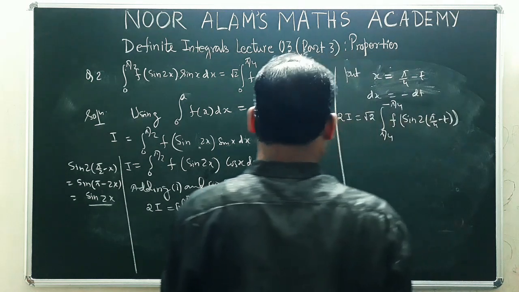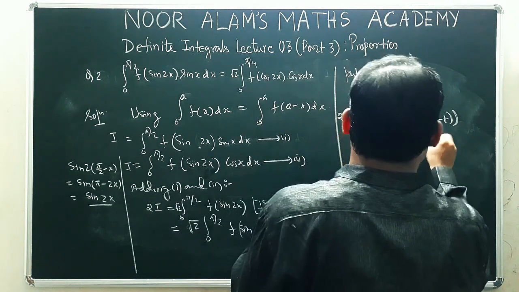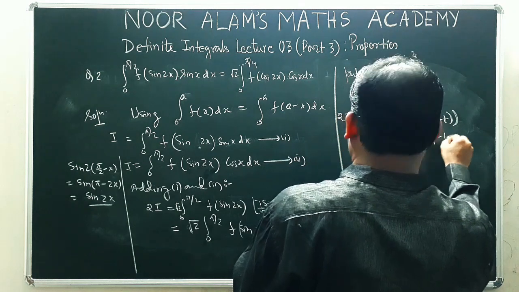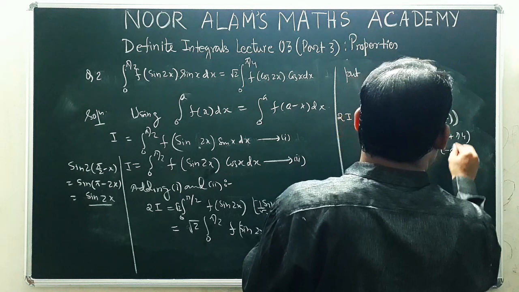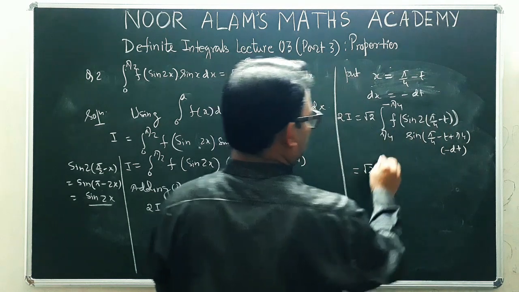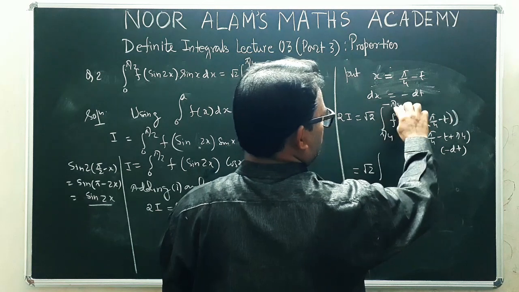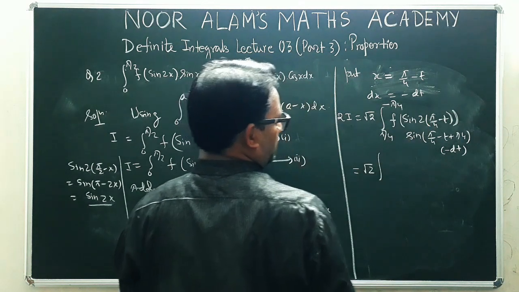Okay, now in this sine we get the x value as pi by 4 minus t, then one pi by 4 is present. The dx value is substituted by dt. So now we get root 2. Then if we interchange this limit, we know that the integration changes only by a minus sign.